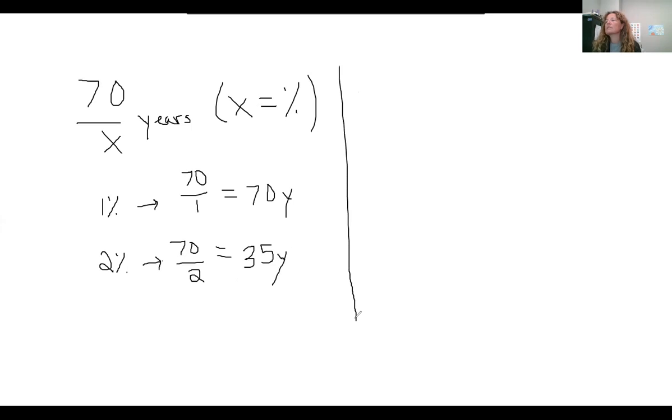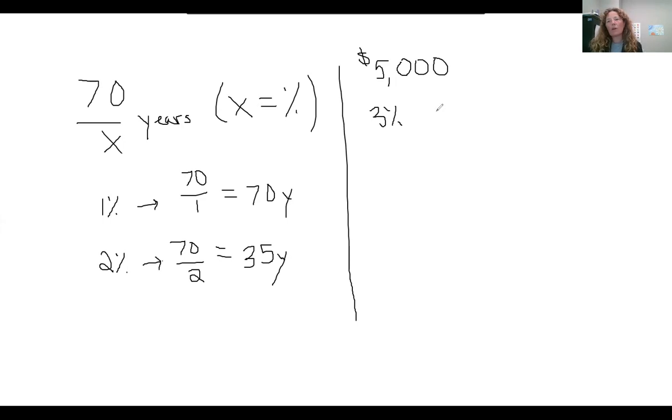So let's do an example with it. Let's say we're working with $5,000, and it's going into an account that makes 3%. So it's not going to work out quite as nicely for numbers as these did.